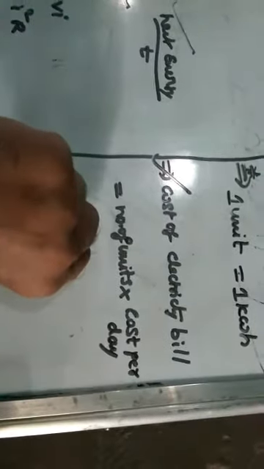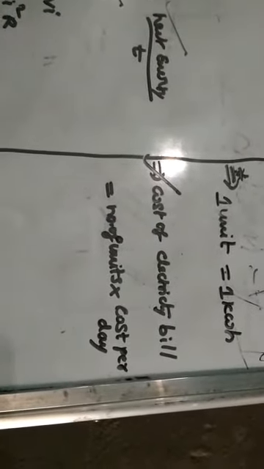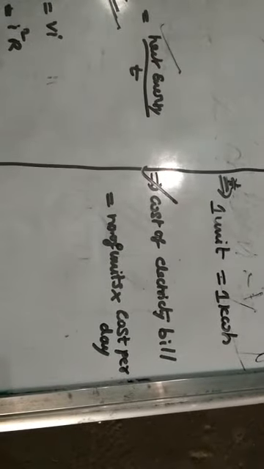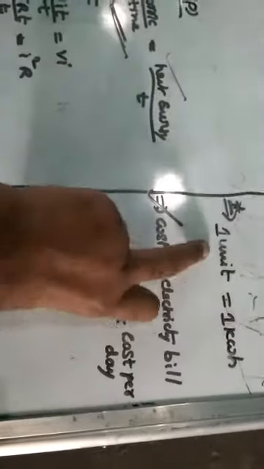Suppose in our house this month a 300 units electricity bill came. 300 units means you are consuming 300 kilowatt hours at our house. So remember this sentence, 1 unit is nothing but 1 kilowatt hour.